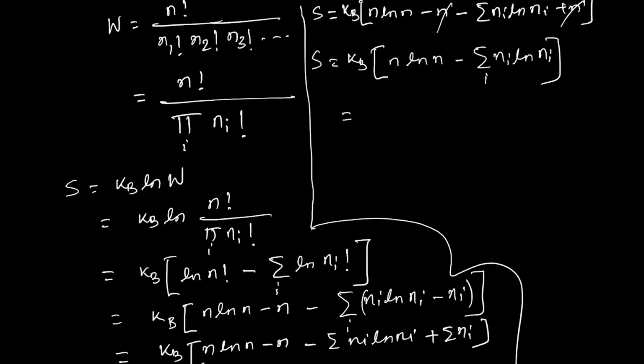Now, how can I do that? Now, I can write the N as the sum over n_i, ln N minus the sum over n_i ln n_i.